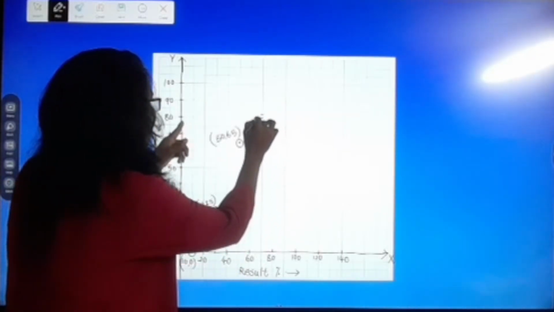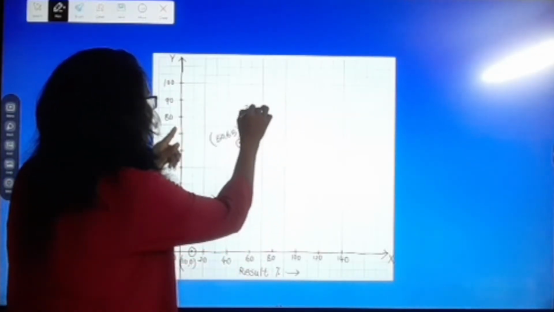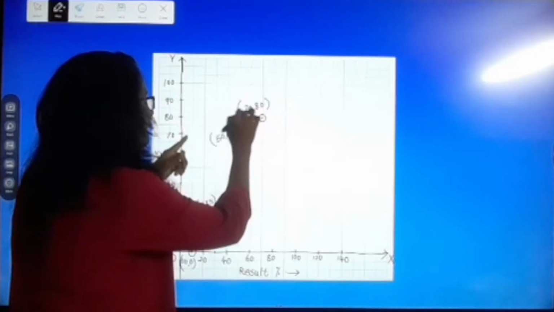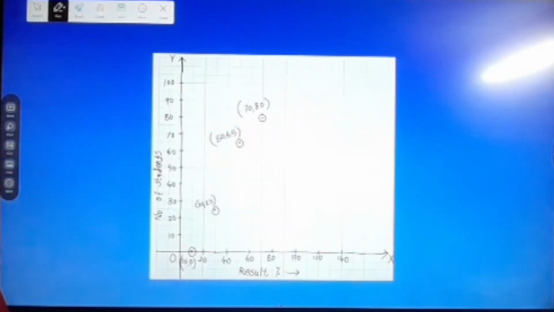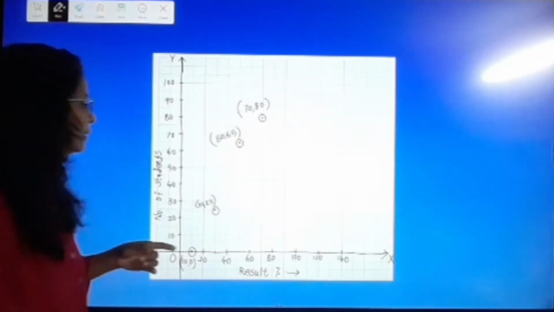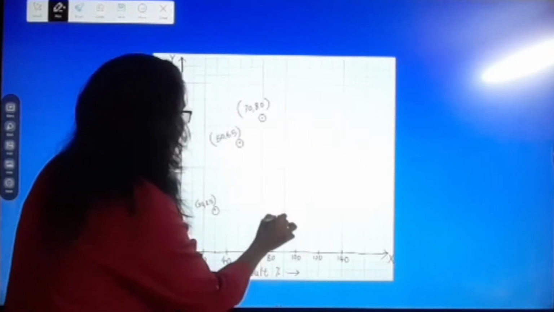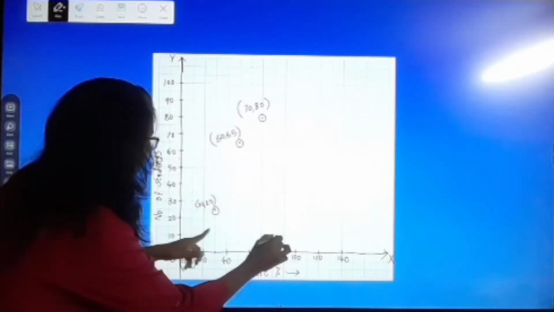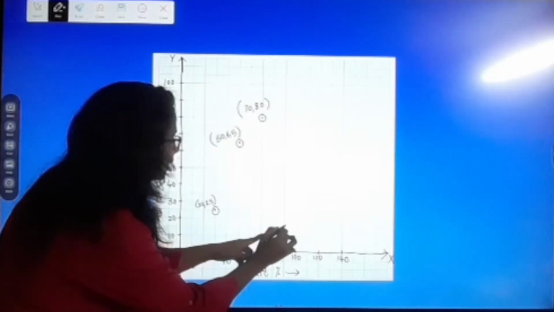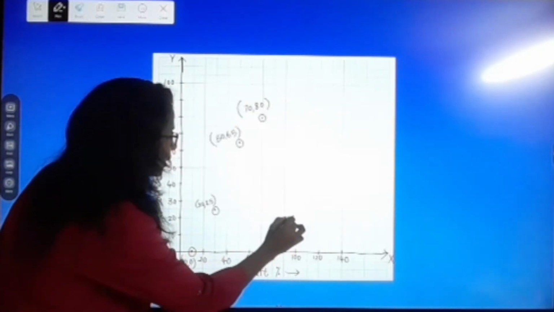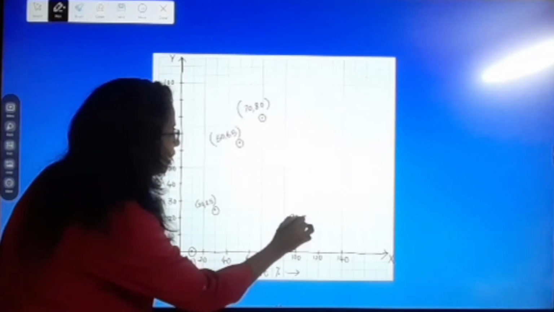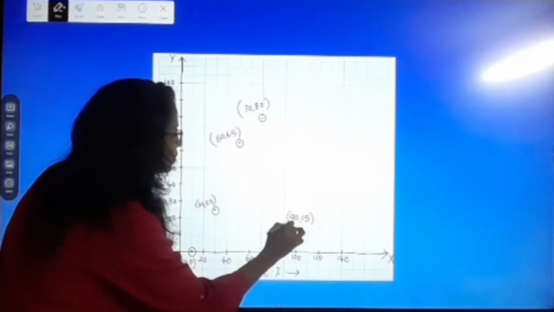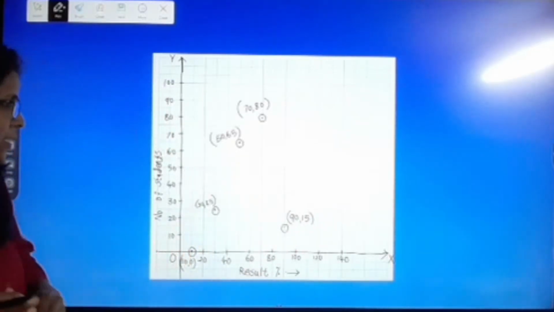So this point 70, 80, and the next point students is 90, 15. 90 from here on the x-axis and 15 students. So in between the 10 and 20, this point 90 and here 15.